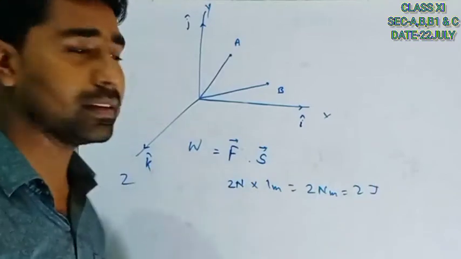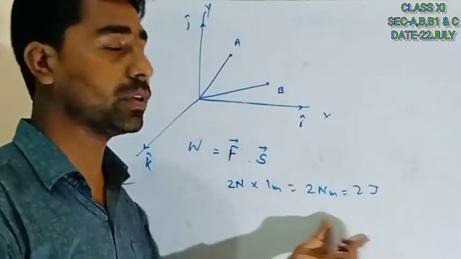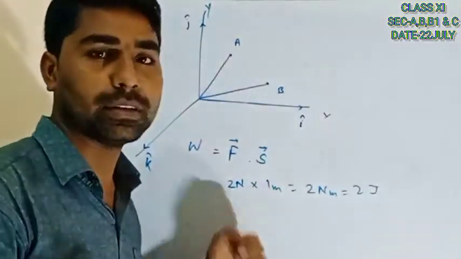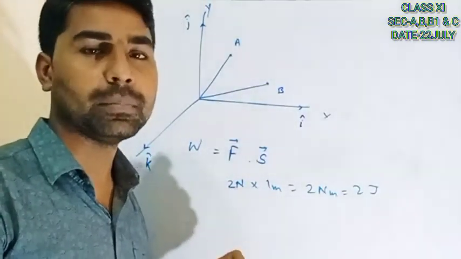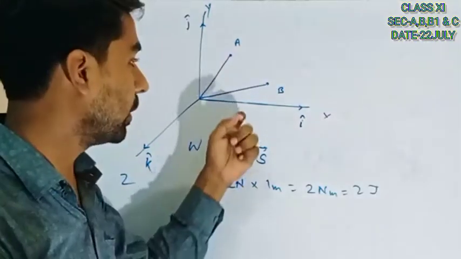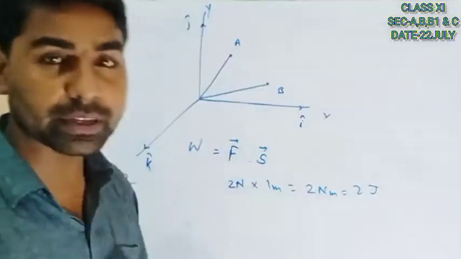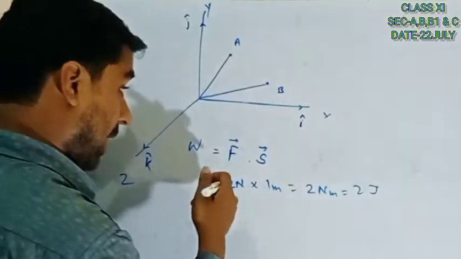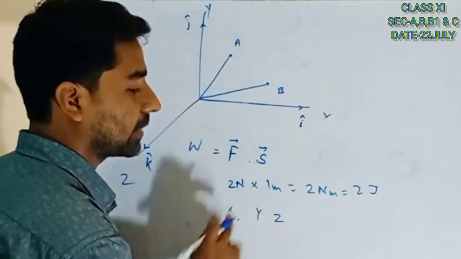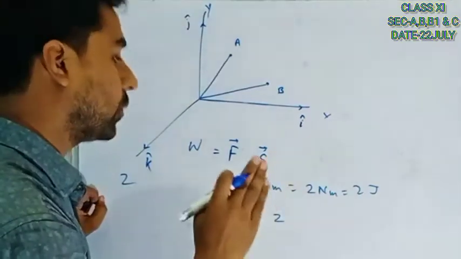This is so easy, like the scalar method. It's a magnitude, no direction. But if we talk not only about magnitude but also direction, then this F will have x, y and z axis information. That we are going to talk about.